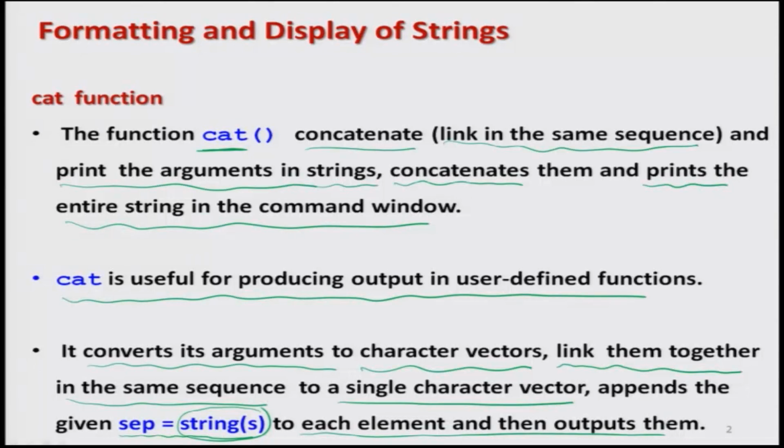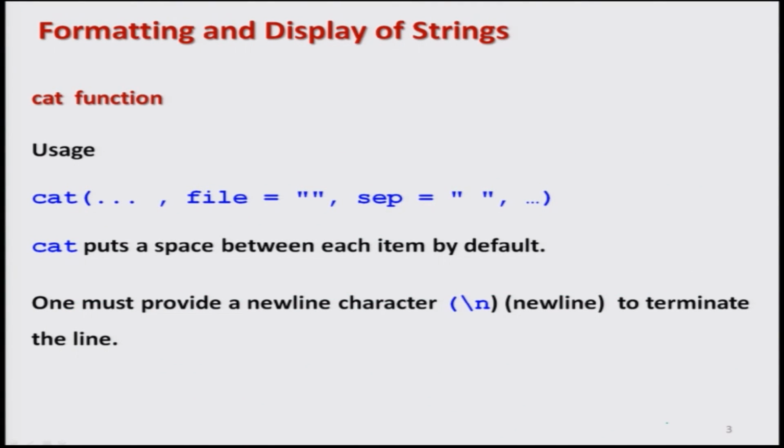So the syntax for the cat function is something like cat, here whatever we want to print, and then I can specify the file which we want to print to, and we can also give the separator inside double quotes, whether it is a hyphen, a full stop, a multiplication sign or anything else. And if you do not give anything here, the default is a blank space. Blank space is automatically taken as the default separator with the cat function.